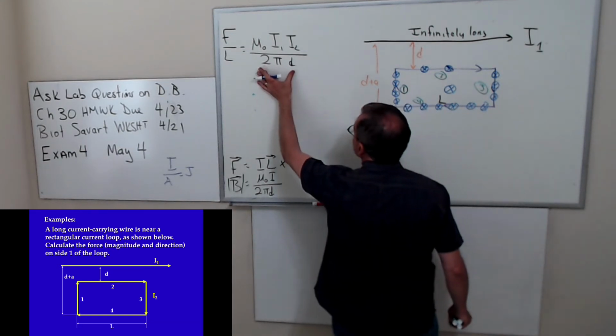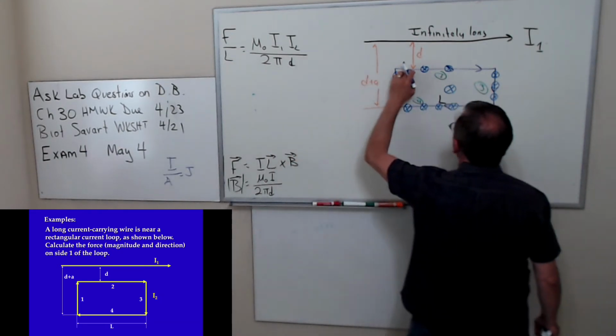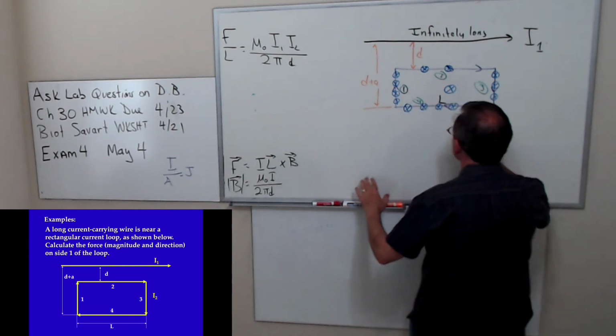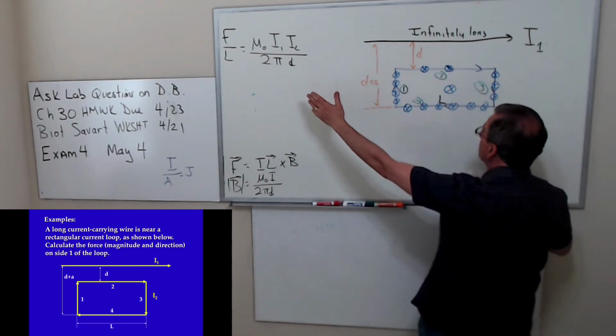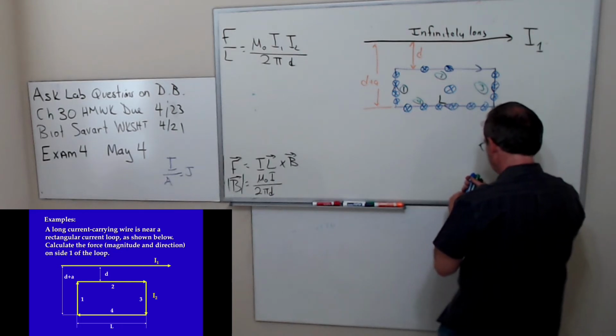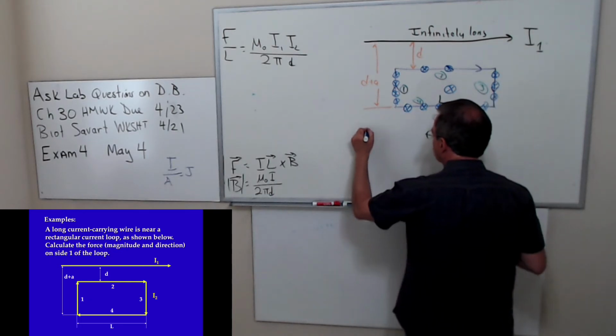So basically, I can just use this equation twice to calculate the force on this guy and the force on this guy. So really, the total force is going to be, and I don't need the force per unit length because this is not infinitely long. The force is going to look like this.